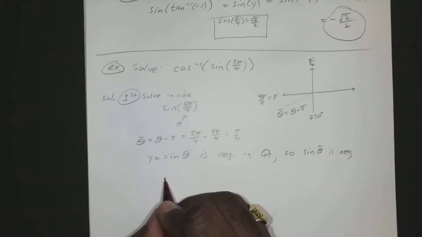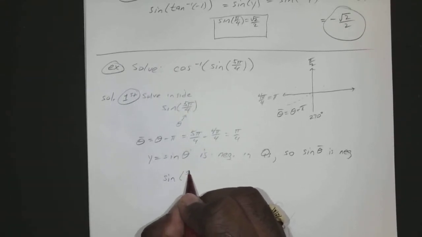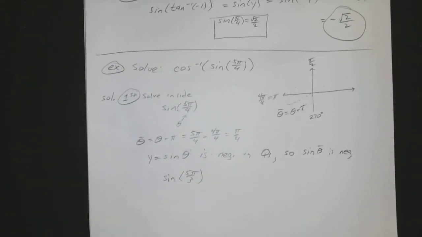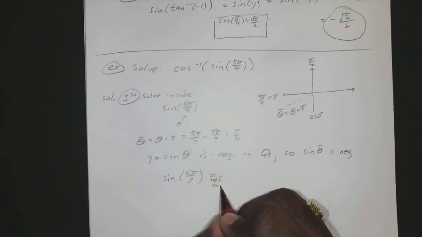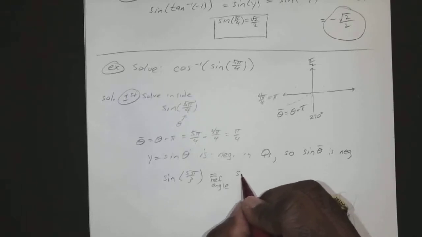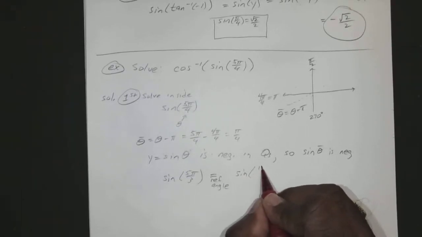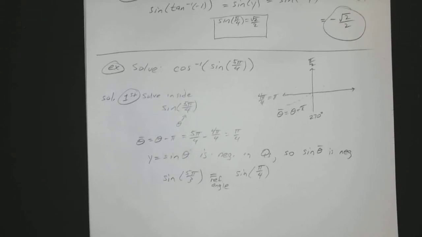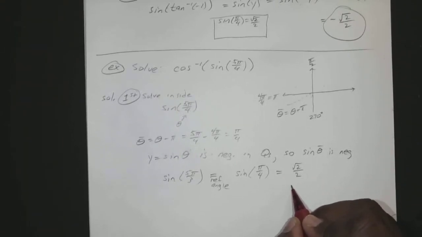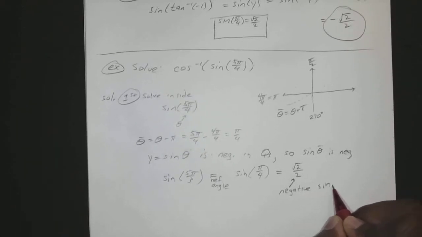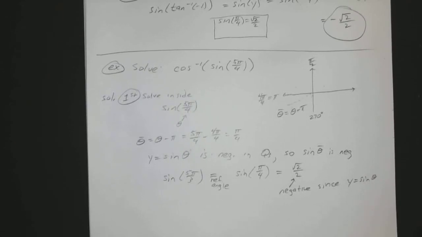So that means your sine of 5 pi over 4 will have a reference angle of sine of pi over 4. We know sine of pi over 4 is square root of 2 over 2, and we know it's negative since y equals sine is negative in quadrant 3.